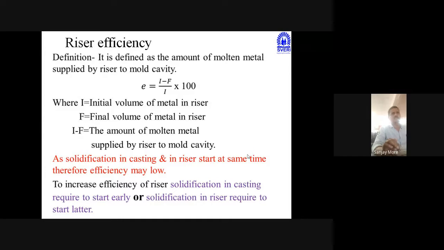Then the last point of the chapter, riser efficiency. Give the heading riser efficiency.